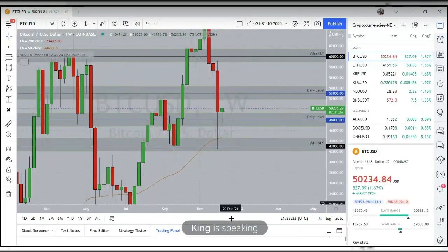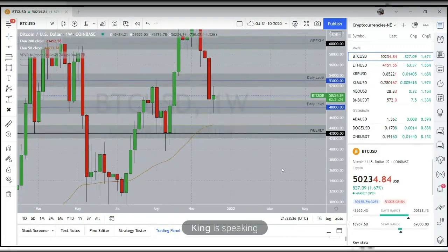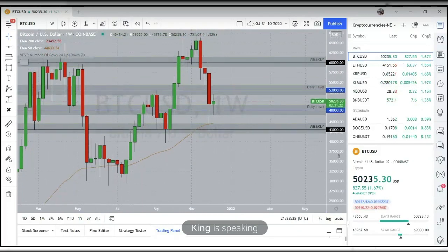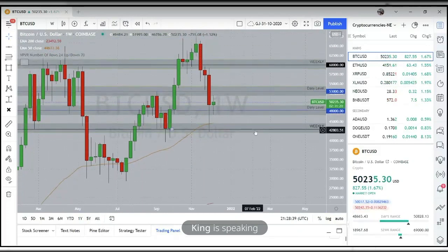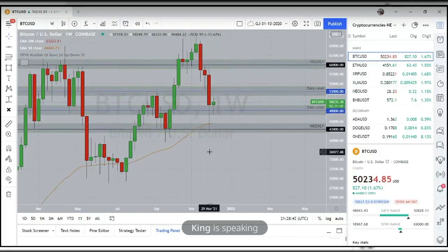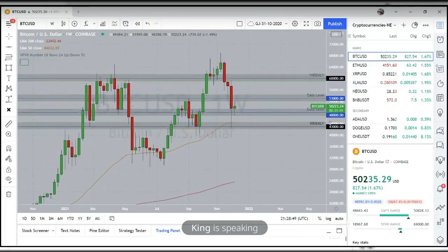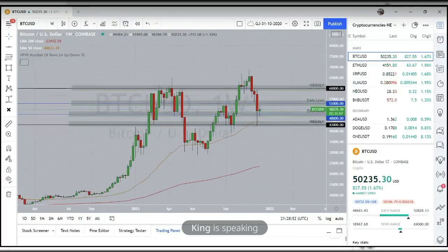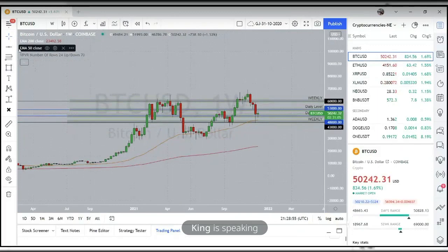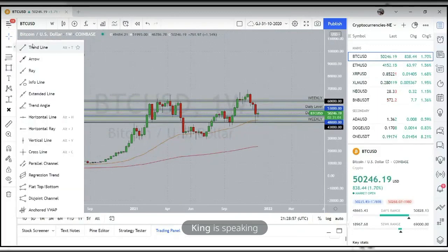But yeah, on higher time frames, I do expect this to go lower. We have found support around 43k, and price has got back above 48k, and holding quite nicely. I think we have a higher time frame trend that's being held.